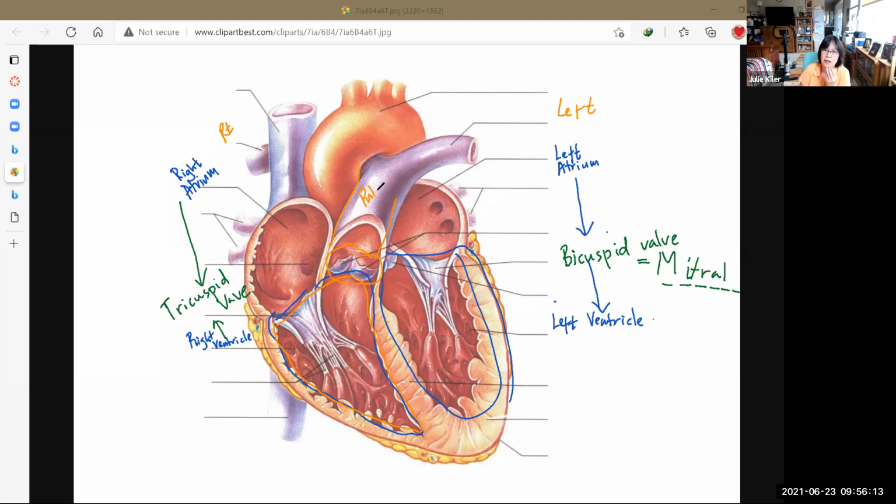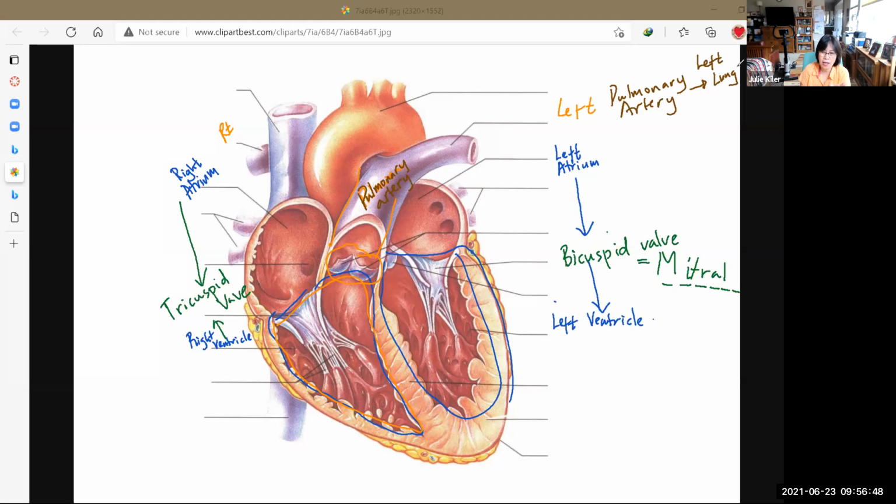This is pulmonary artery. And then they branch: left pulmonary artery. Are we good? And this left pulmonary artery will go to the lungs, to the left lung.